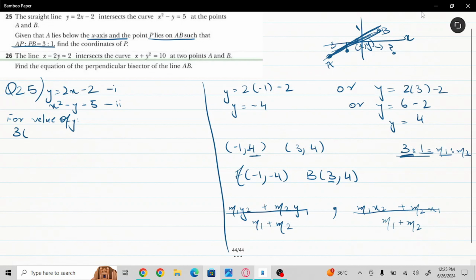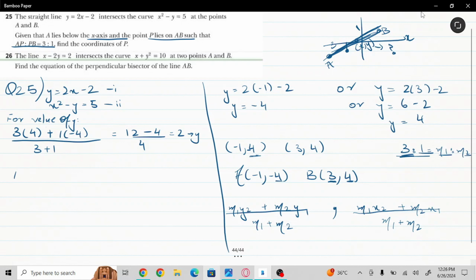What's y2? We are going to assume this as 4. So 3 multiplied by 4 plus m2, which is 1, multiplied by y1, which is negative 4, divided by m1 plus m2, so 3 plus 1. Simplify this: 3 times 4 is 12 minus 4, divided by 4, is equal to 8 divided by 4, which becomes positive 2. So we have positive 2, which is the y value.